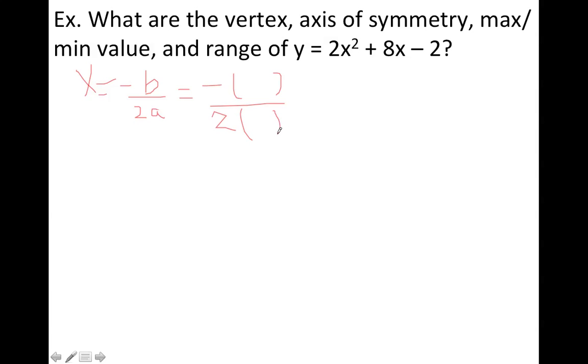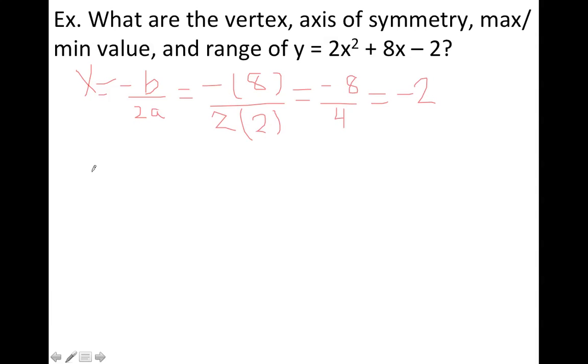So I replace my a and b with parentheses, and I look for my b term. Again, ax squared plus bx plus c. So my b is the number in front of my x term, which is 8. And my a is the number in front of my x squared term, which is 2. And then I simplify. A negative times 8 is -8 over 2 times 2, which is 4, and -8 divided by 4 is -2.